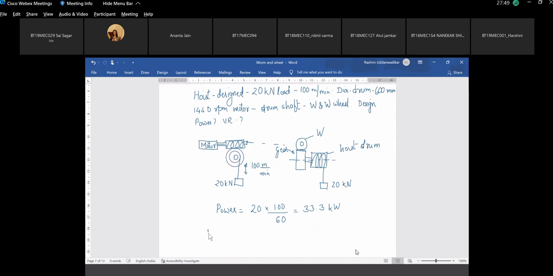So refer the design data book for worm and worm wheel. If this is the rated power required here, what is the power for the motor? Or what is the design power for the motor?